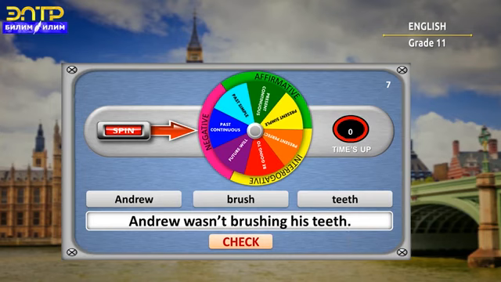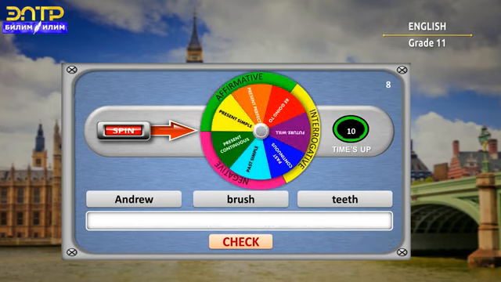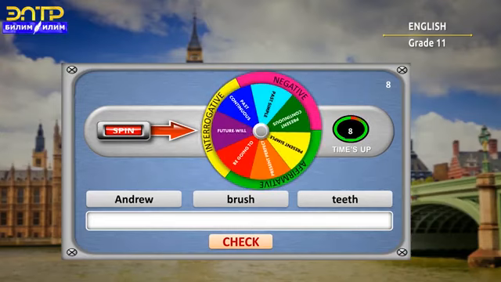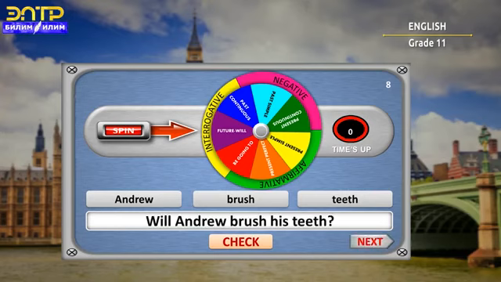Andrew wasn't brushing his teeth. It is a future simple interrogative sentence. Will Andrew brush his teeth?